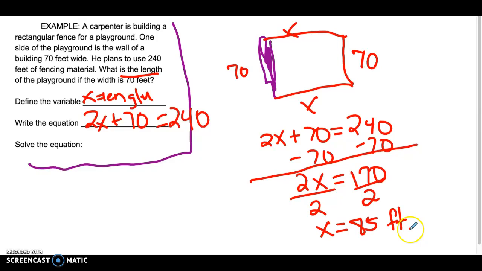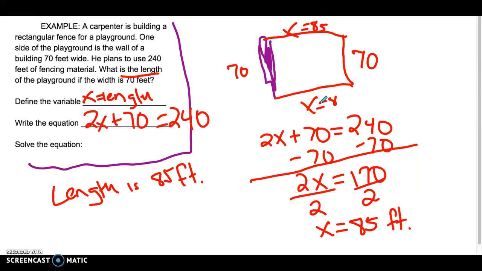That's the length. So length equals 85 feet. Let's check to make sure that works. If x is 85, well, 85 plus 85 is 170, and 170 plus 70 is 240. It checks. My answer does make sense, so we're good to go.